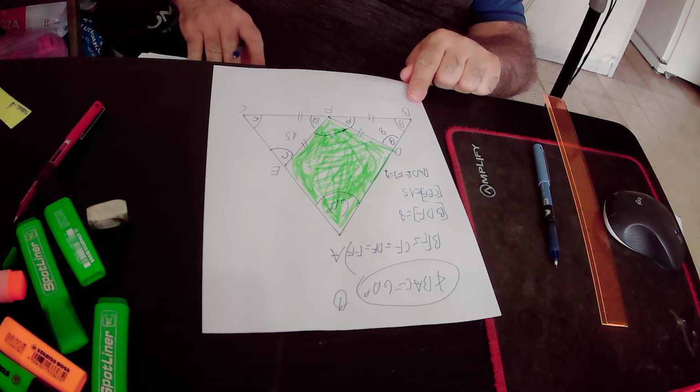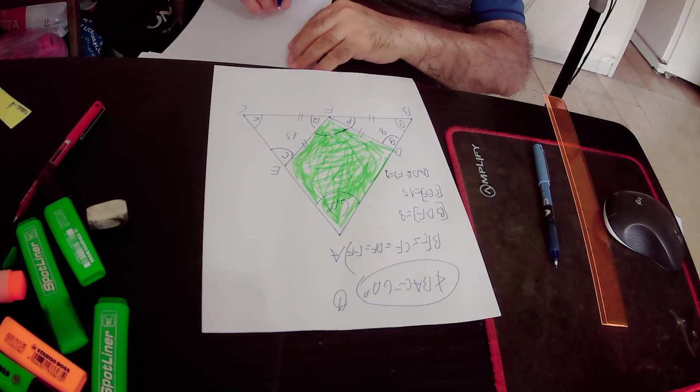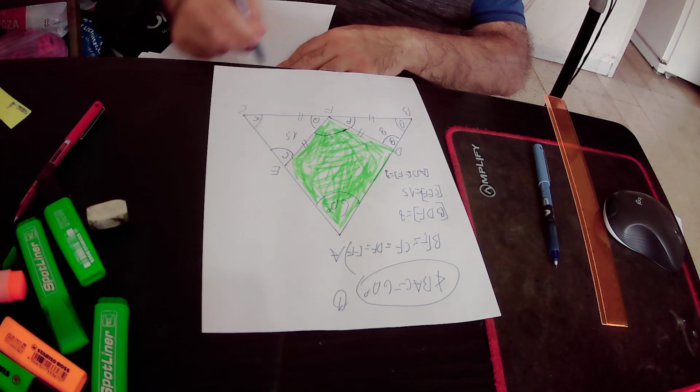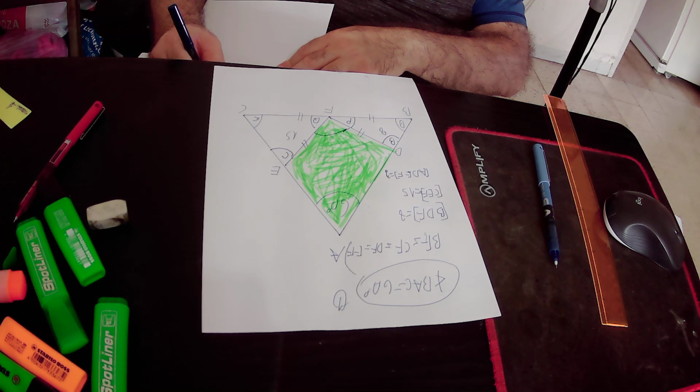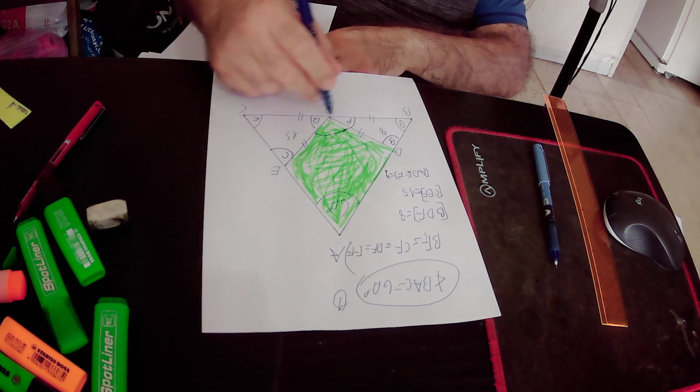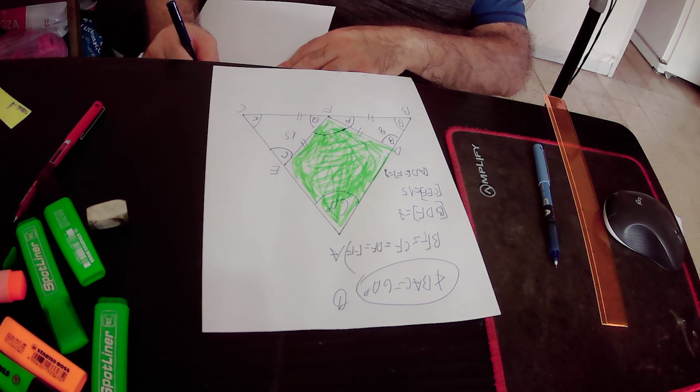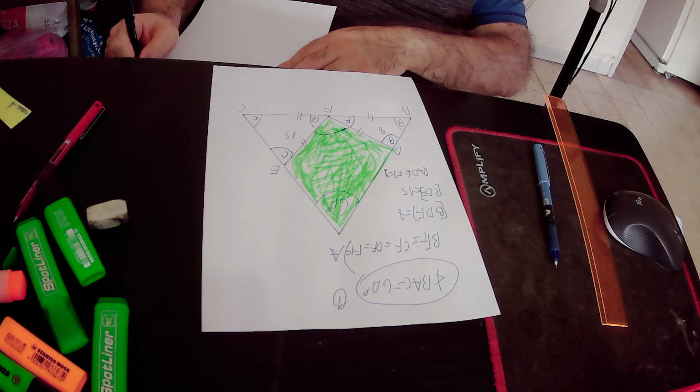Actually, angle P plus angle DFE, this angle, plus angle Q must be equal to 180 degrees according to rule number 3.